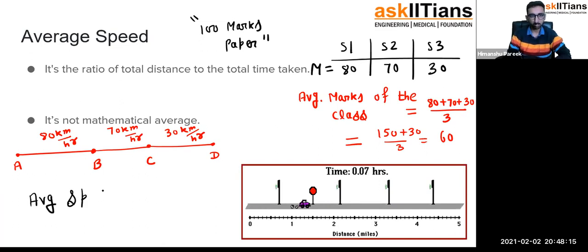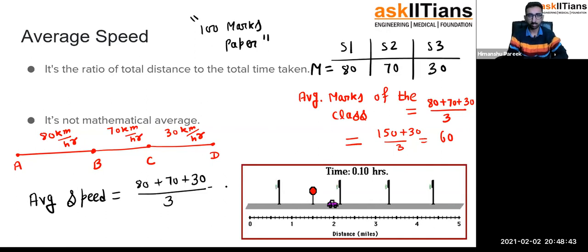Now my teacher has told me that we always calculate the average this way. You must have learned it too, right? I also learned it in grade 8. To calculate the average of 3 numbers, what do we do? We first add the 3 numbers, 80 plus 20 plus 30, divided by 3.